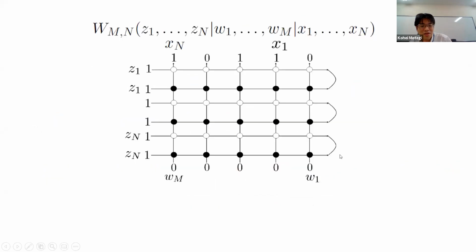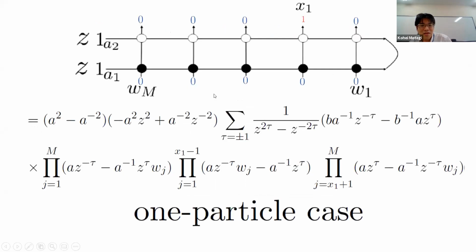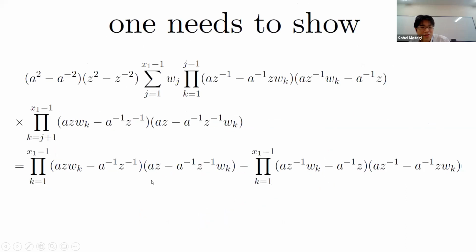So the simplest case of this wave function is something like this, and maybe it's not easy to determine the exact form. And the result can be written like this. And to prove this, you have to show this kind of identity.